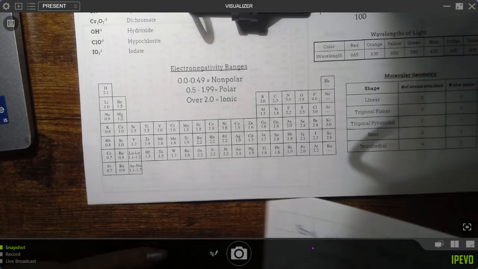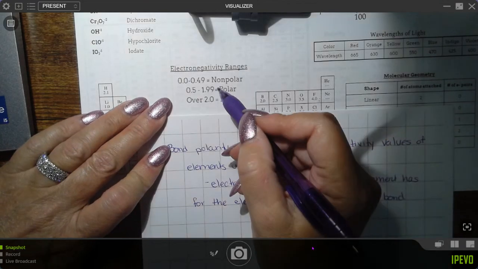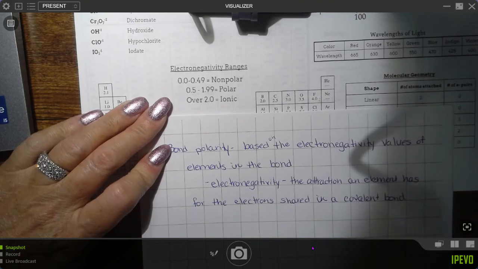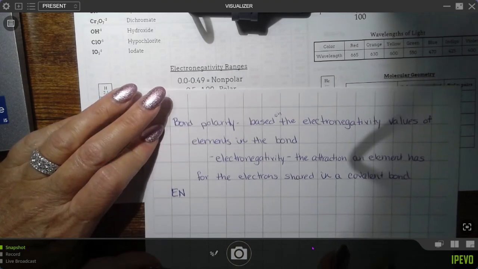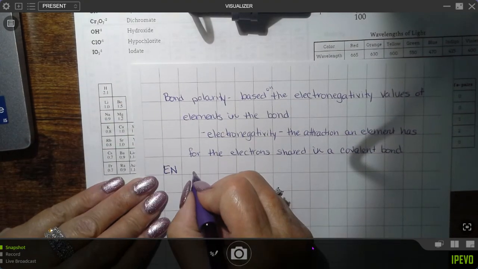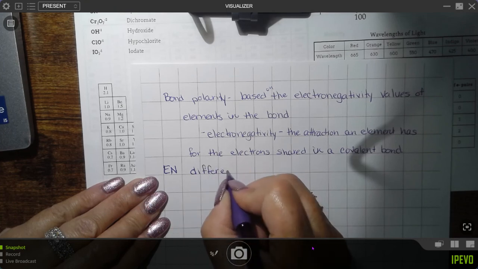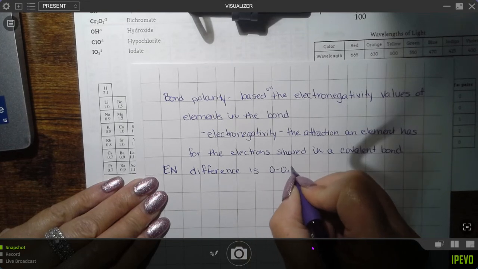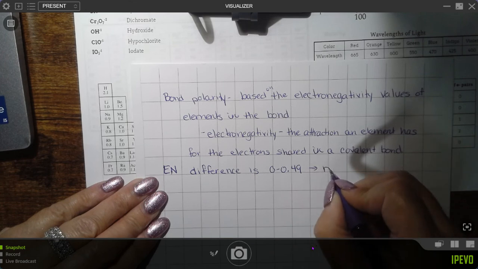Okay, so let's just look, and we're only going to talk about polar and nonpolar right now. I'm going to abbreviate electronegativity, EN. If the electronegativity difference between the atoms is 0 to 0.49, we call that a nonpolar bond.